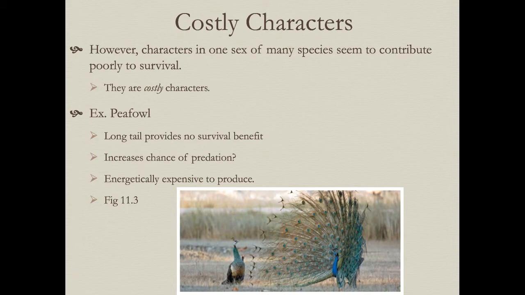The peacock has this incredibly long train, this tail. It's actually made up of the upper tail coverts, not the tail feathers themselves. But if you look at this thing, there's no way that this adds some survival benefit to this individual. It certainly could increase chances of predation, perhaps, but we certainly know that it's really energetically expensive to produce and maintain. Just dragging this thing around all day is difficult and costs extra energy. Females don't have it, so why do males have it?